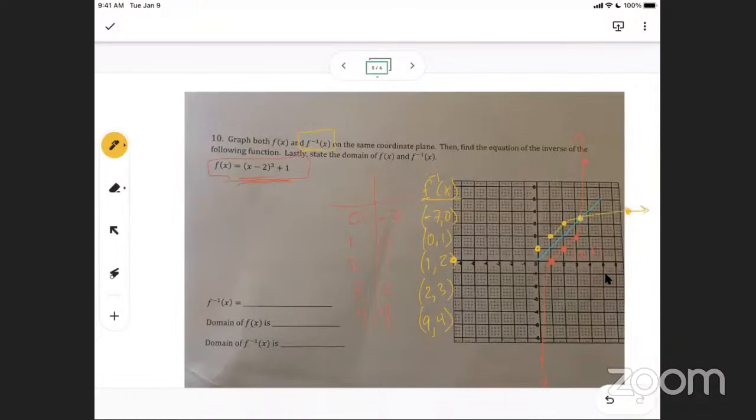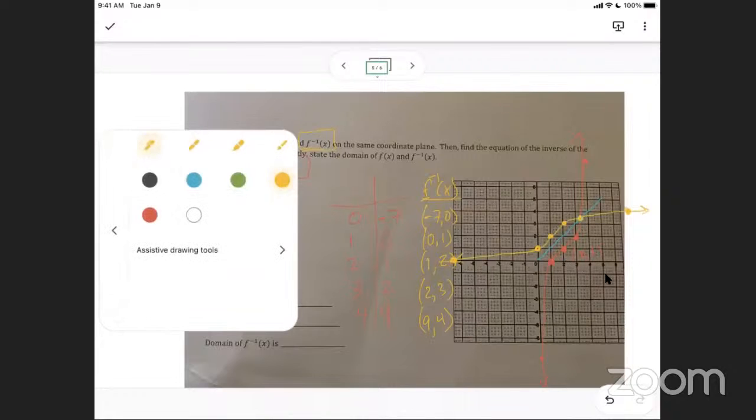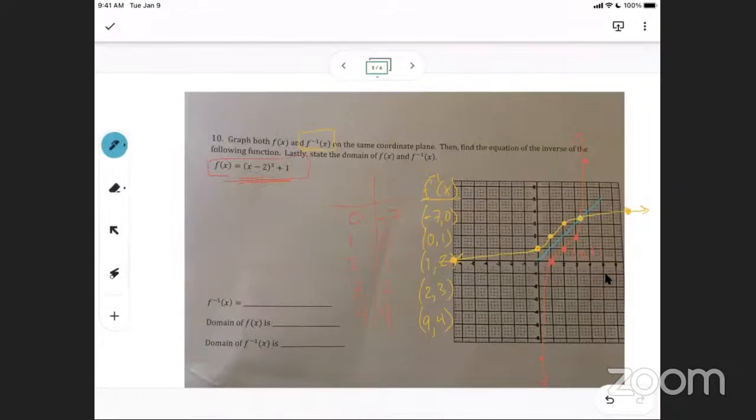So there's my graph. And that blue line is the line y equals x. So you can see that the red function, which is f of x, and the yellow function, which is the inverse, are a reflection over that line. Make sense? Yes.